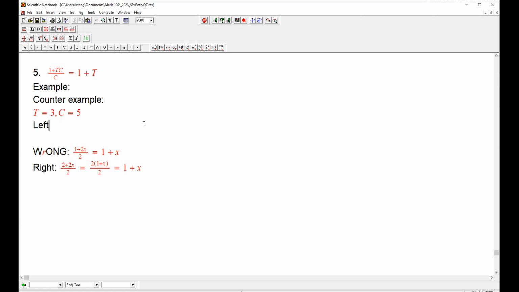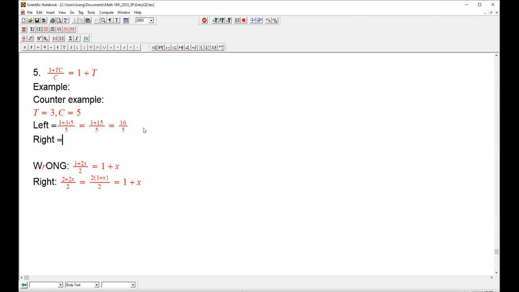Okay, so your left-hand side would be, with t is 3 and c is 5, according to the order of operations, you do the multiplication first, so that's 1 plus 15, divided by 5, which equals 16 over 5.